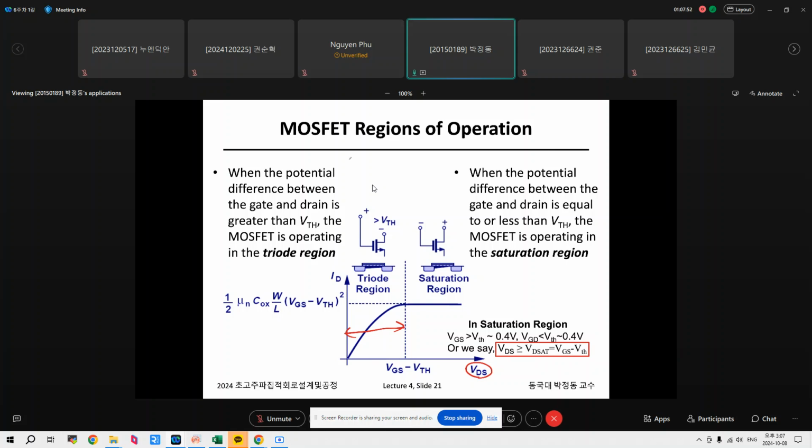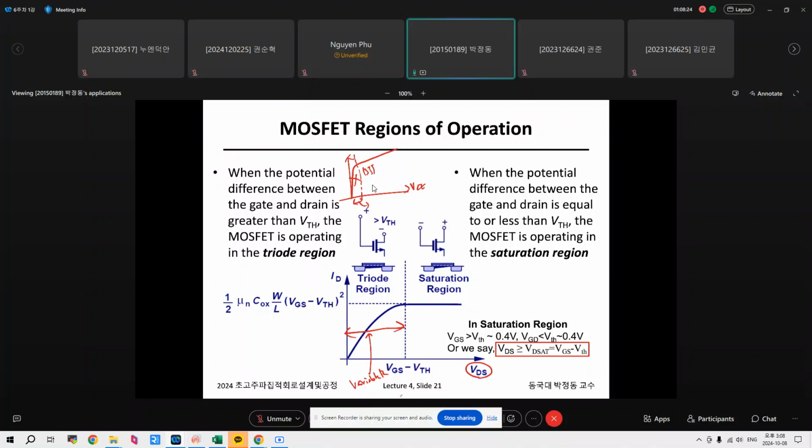Considering the BJT has a relatively narrow region of operation for the saturation, this is narrow compared with the VCE, so we don't use it here for BJT. However, for CMOS, this is a very important region of operation, especially for a variable resistor. Okay, we use this region.